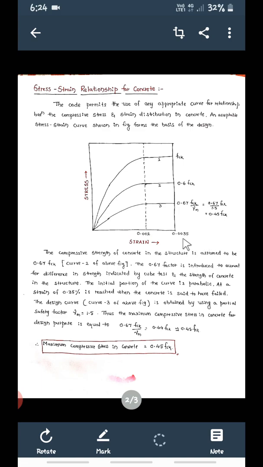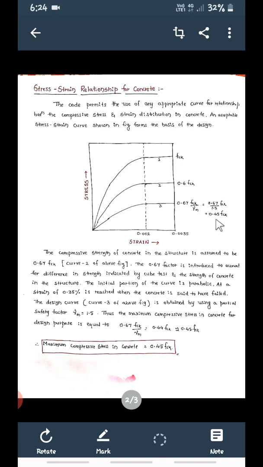Maximum strain in concrete is 0.0035. 0.0035 is the maximum strain in concrete at the time of failure. What is the maximum stress in concrete? 0.45 FCK. How did you get this 0.45? FCK multiplied by the 0.6 factor, then divided by the partial safety factor 1.5 for concrete.